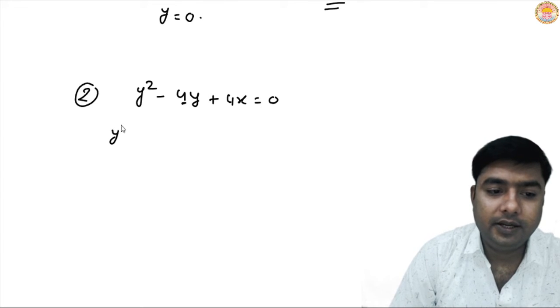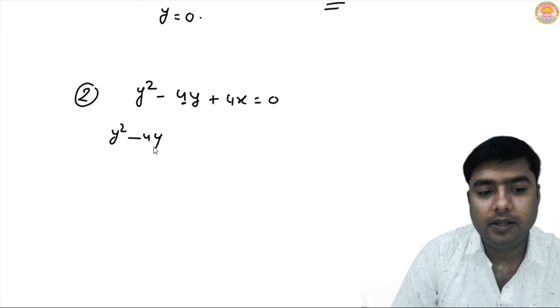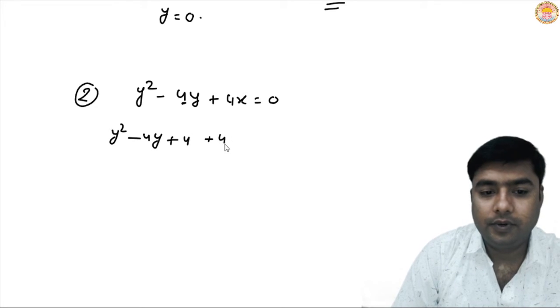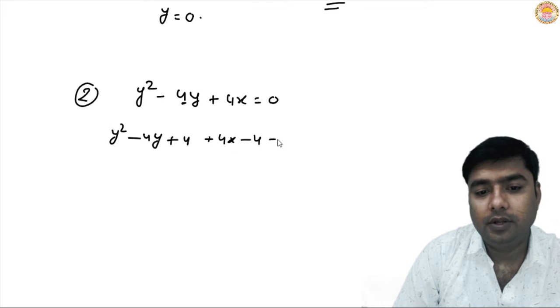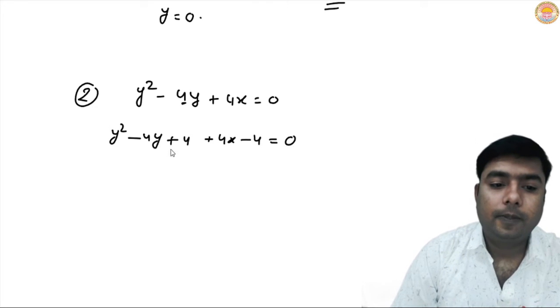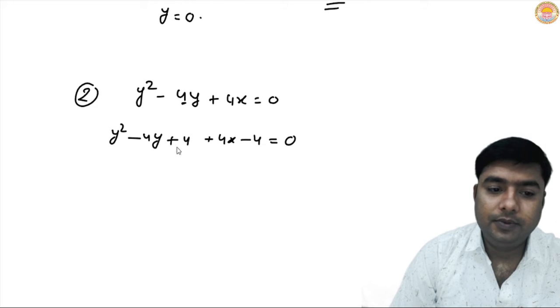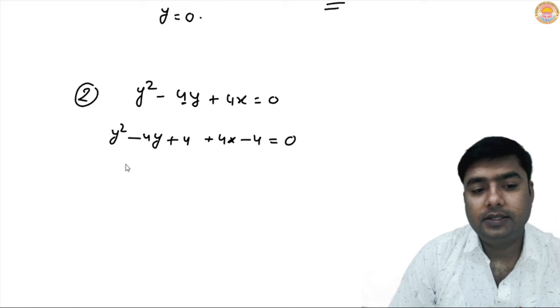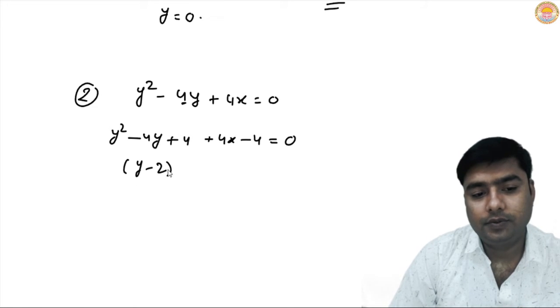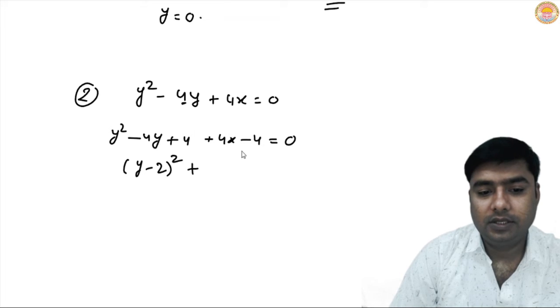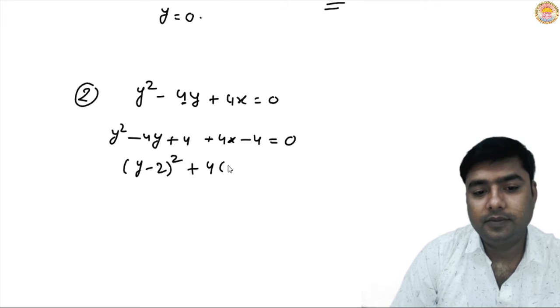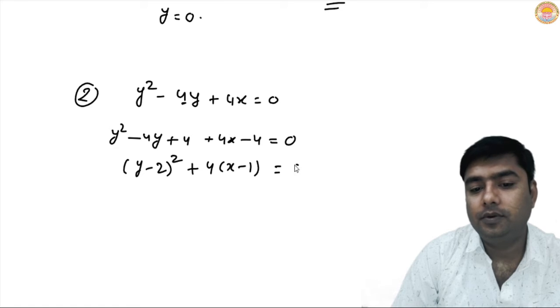Now we can write y square minus 4y plus 4 plus 4x minus 4 equals 0. Using a square plus b square minus 2ab, this is y minus 2 whole square plus, now 4 is common, 4 times x minus 1 equals 0.